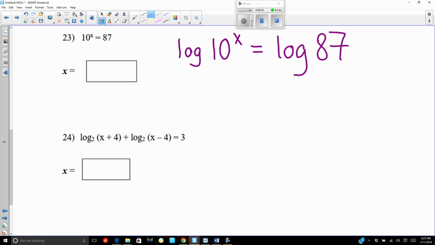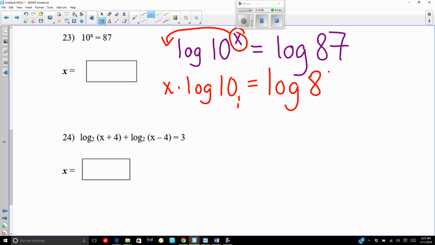Again, I encourage you, those log properties we talked about last class, get to know those, write those on your cheat sheet. The third log property allows us to move the x, the exponent, to the front of log 10. And then to solve for x, our last step, divide both sides by the log of 10.